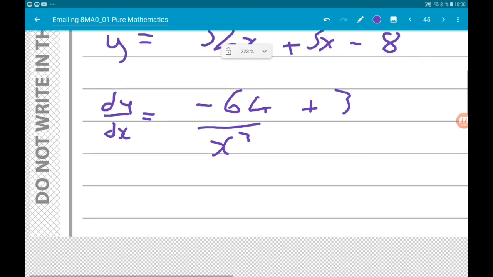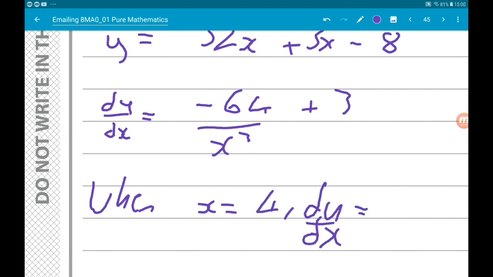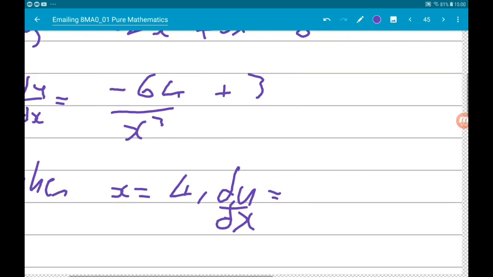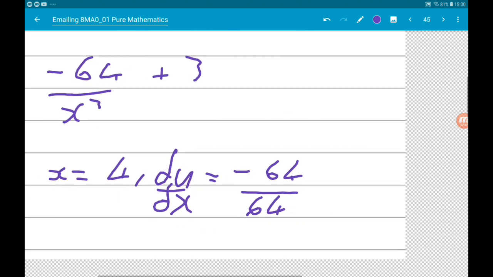Now at point P, x is equal to 4, so when x is 4, dy by dx is minus 64 over 4 cubed, which is 64, add 3.